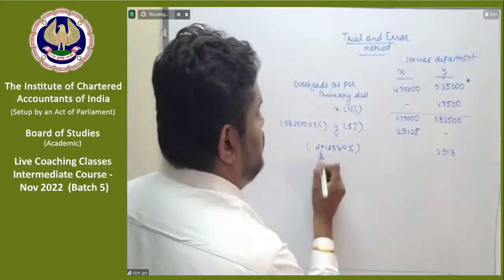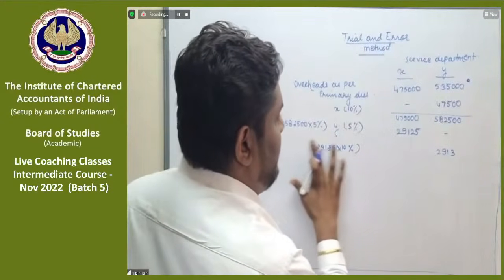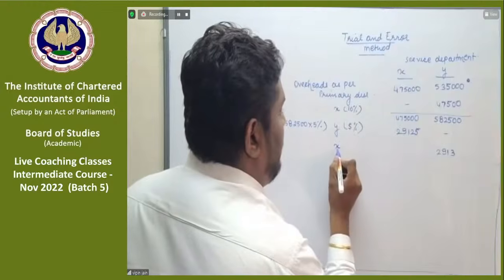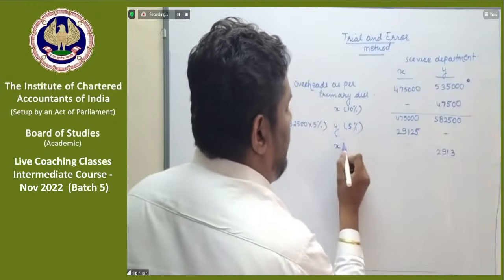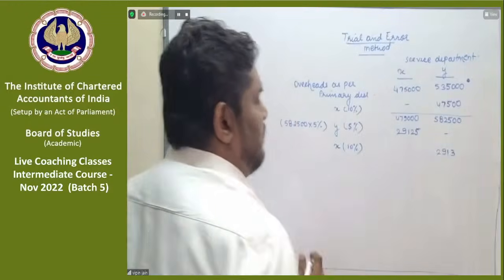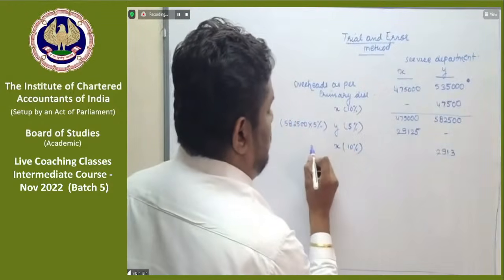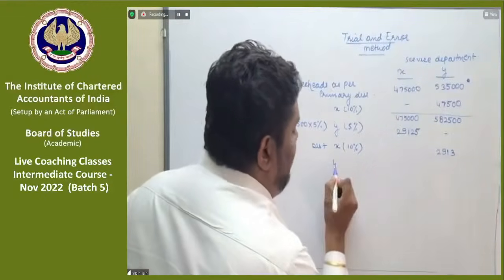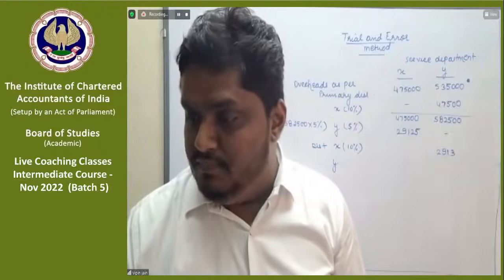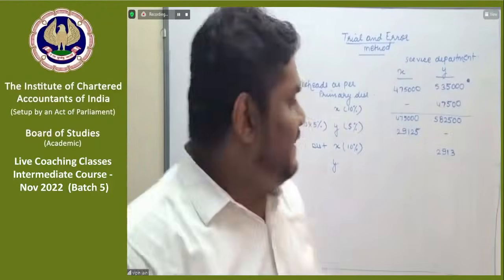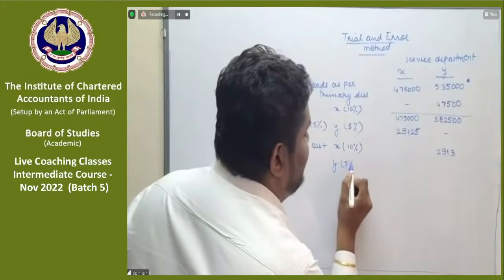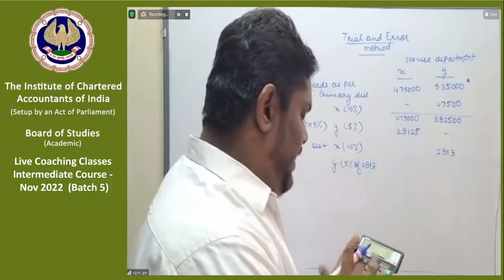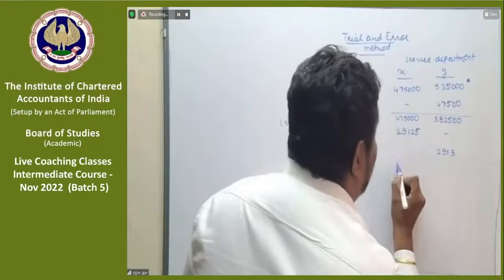Now again, distribution of Y. Now again we have to distribute the overheads of Y. Of Y, 5% belongs to X. So 5% of 2,913, that is 2,913 into 5%, this will be 145.